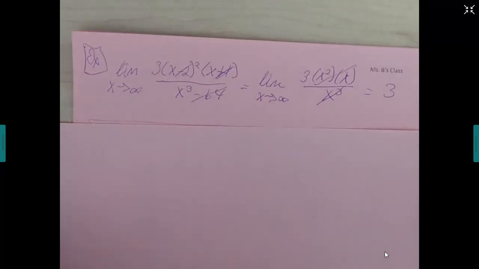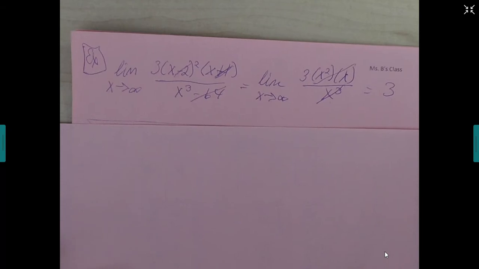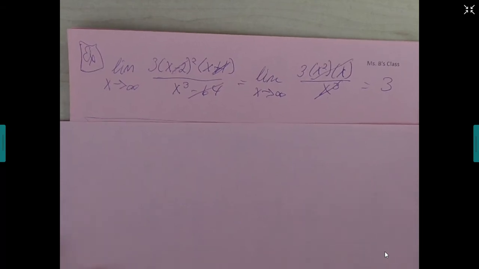Okay? So now I would like to talk about multiplicity of terms. The numerator always follows the multiplicity like it did with polynomials. If it bounces on the x-axis, it's got to be even multiplicity, and if it passes through the x-axis, it's odd multiplicity.